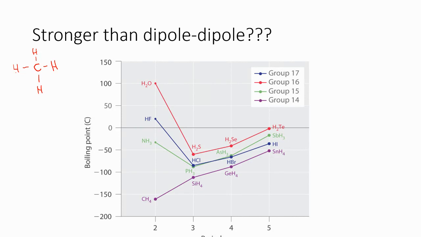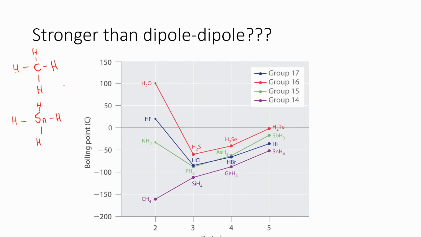The other members of the purple line actually have the same shape. So if I draw any other member, for instance SnH4, it's also going to be a tetrahedral molecule that only has London dispersion forces and therefore still has a pretty low boiling point. But it's higher than the one that we see for CH4.